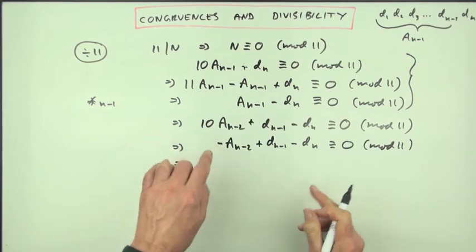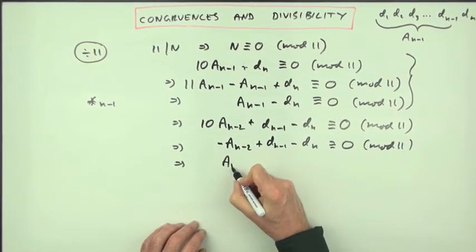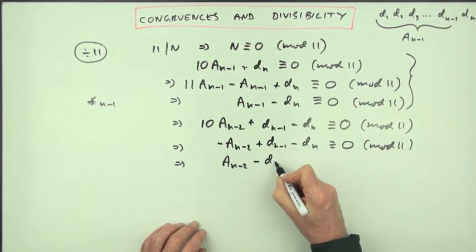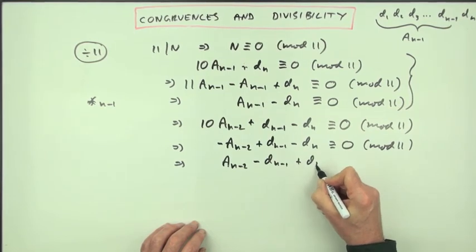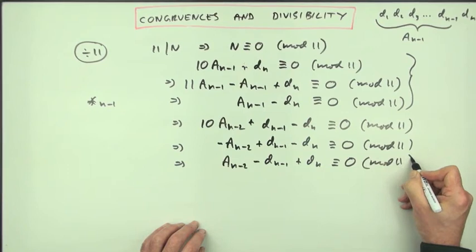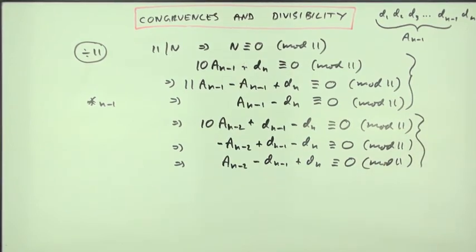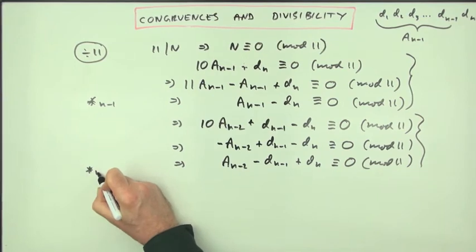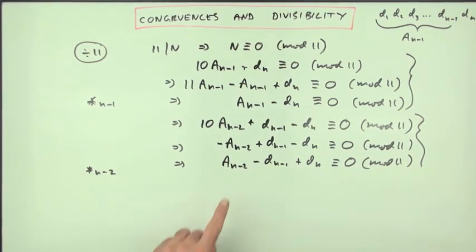And then doing 0 minus both sides, I've got a_{n-2} - d_{n-1} + d_n is congruent to 0. So there's that similar calculation stepping in 1. So that took me to the n minus 2 level.